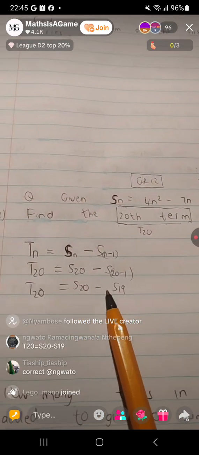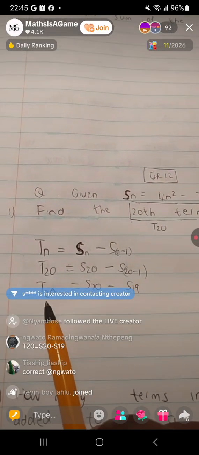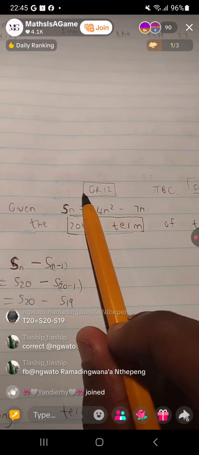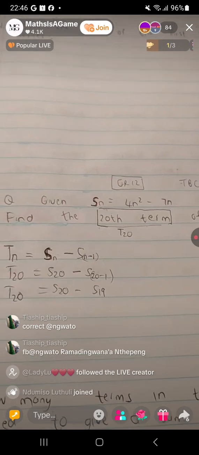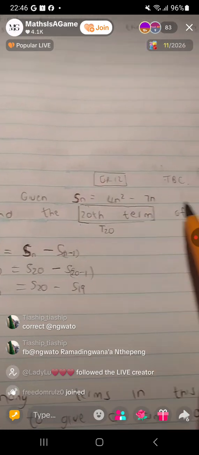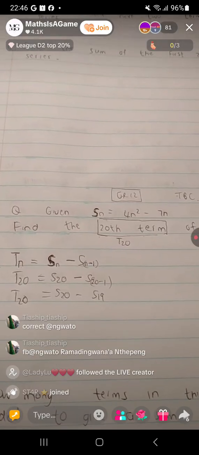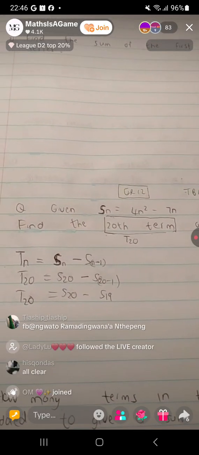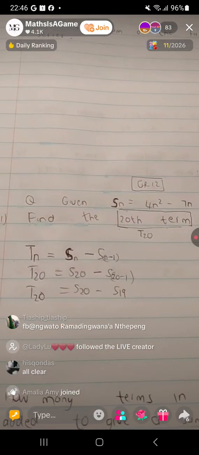So you can see, guys, that this is the formula that we use in order to find a specific term for a sum of n terms formula that we are given, whatever that sum of n terms formula is for a particular series. So please let us not be not knowing this particular formula.